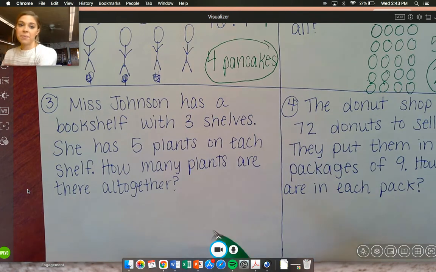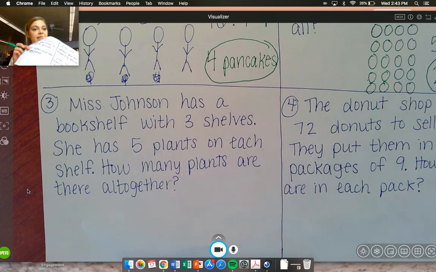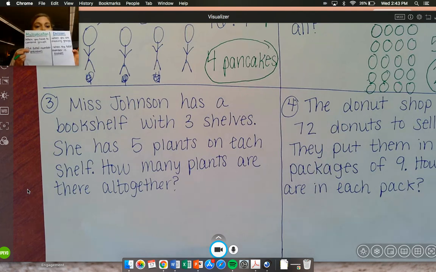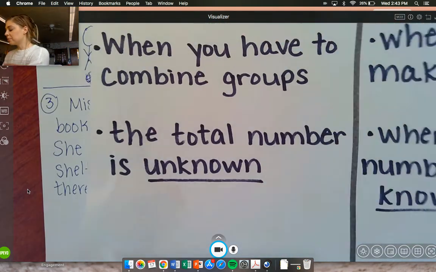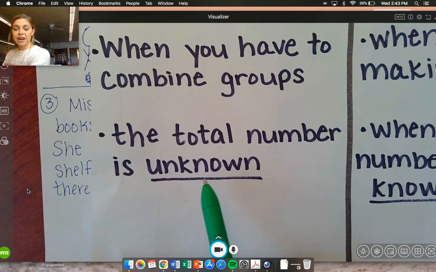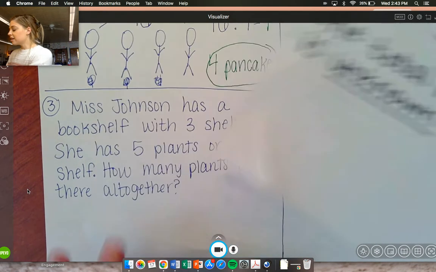So I could draw a picture, or I could use this and figure out, do I have to multiply or divide? Well, do I know the total number? Do I know how many plants I have altogether? I don't. So if the total number is unknown, then I have to multiply. And I can also draw a picture.